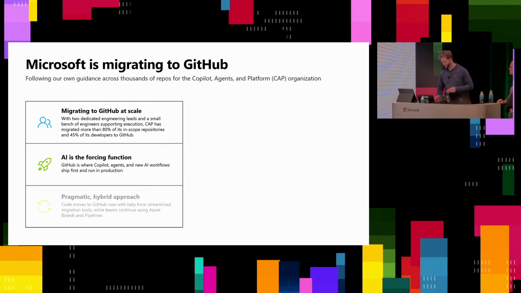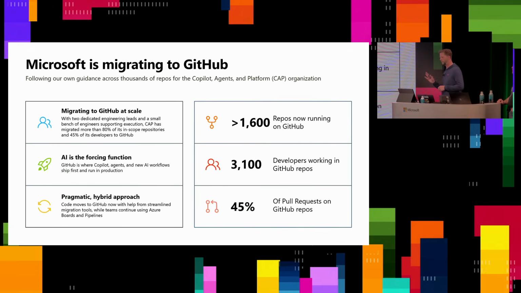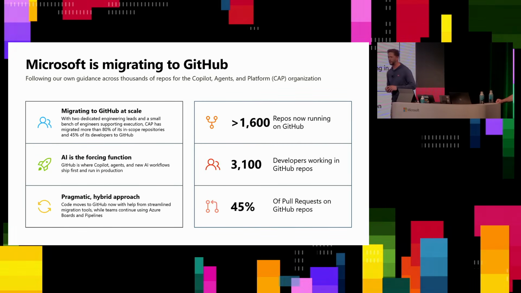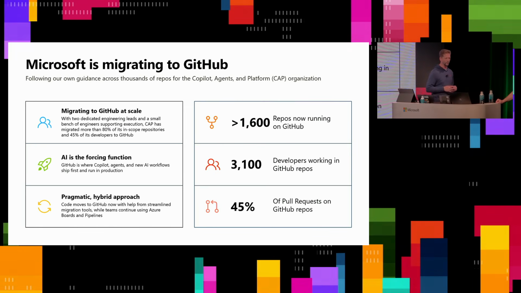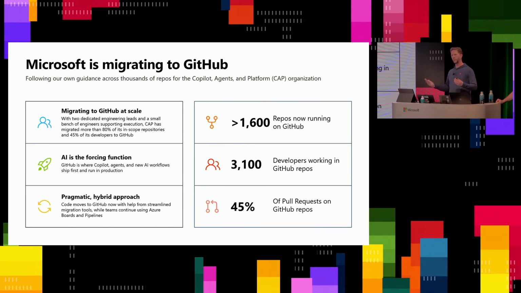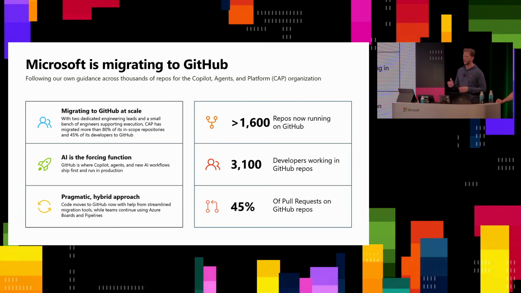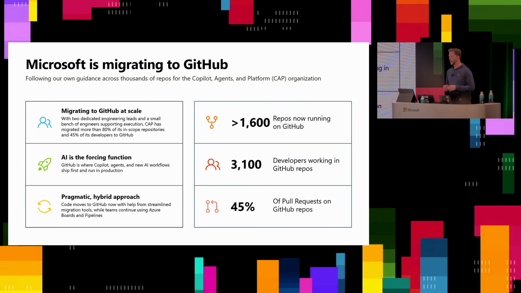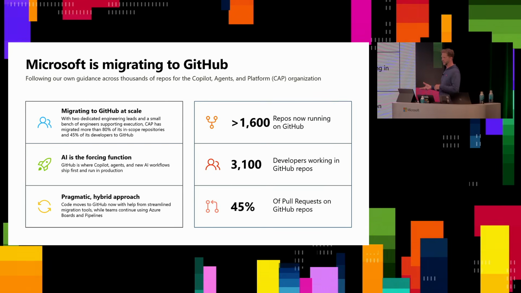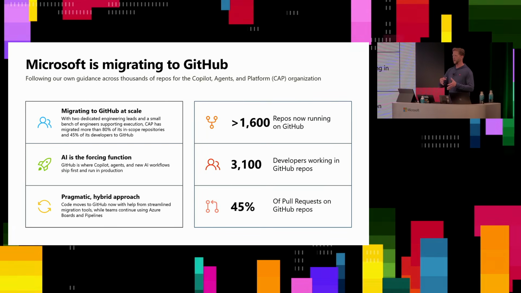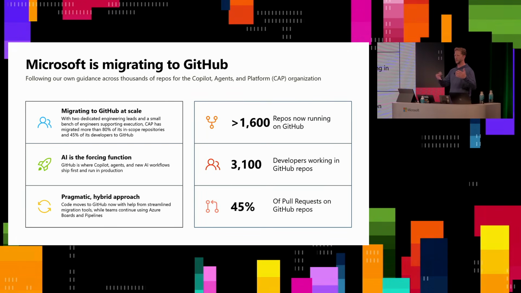Oh, so another one we'd like to mention before we wrap things up is Microsoft is practicing what we preach, so to speak. We have a bunch of internal teams right now migrating their repos over to GitHub. And we have a bunch of folks actively working inside of GitHub. So the migration path was a big thing that spurred GEI, right?